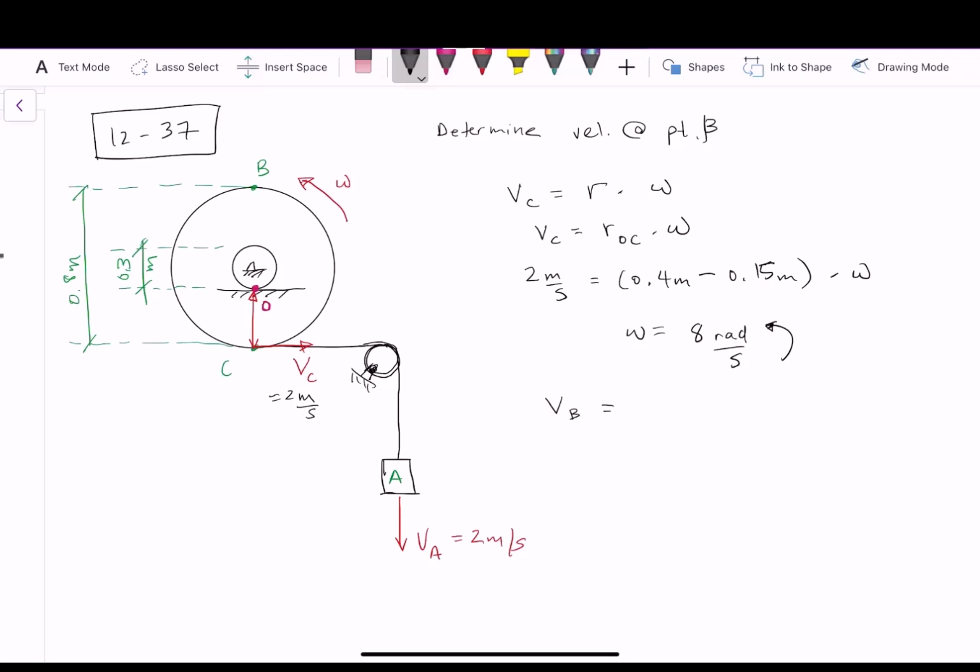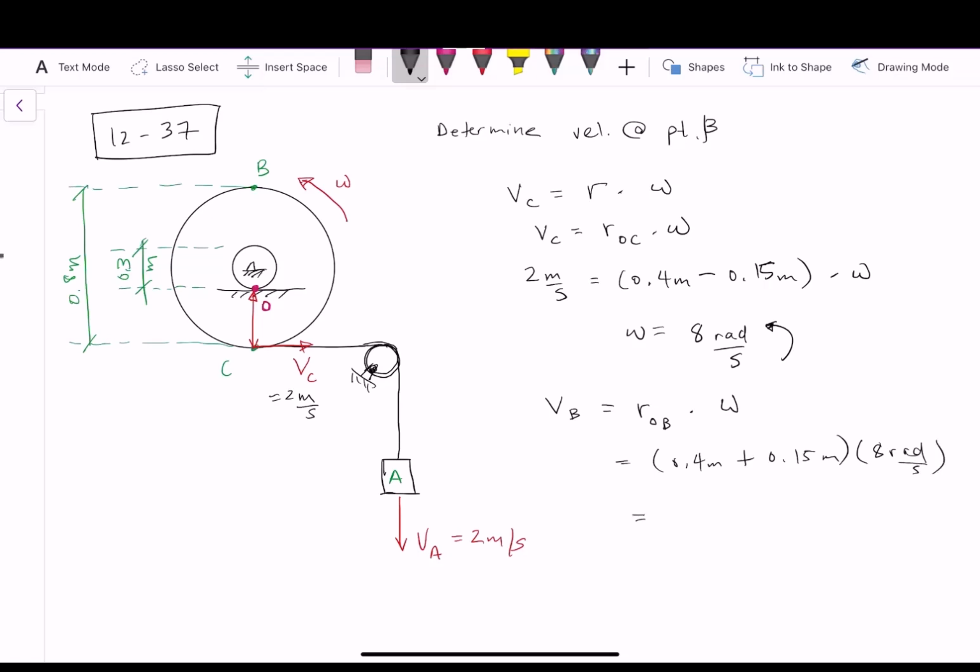So VB is equal to, remember, because it's not just rotating, this is rotating and translating, so still it's ROB times omega. That means it would be 0.4 meters plus 0.15 meters. Remember, we are going between O and B here, and then we multiply that by 8 rads per second.